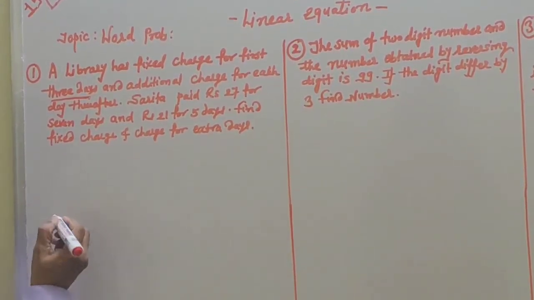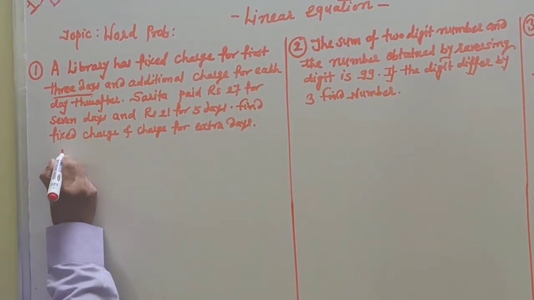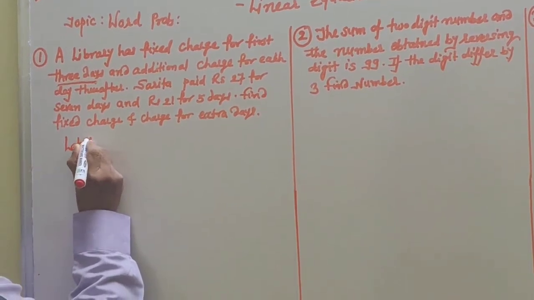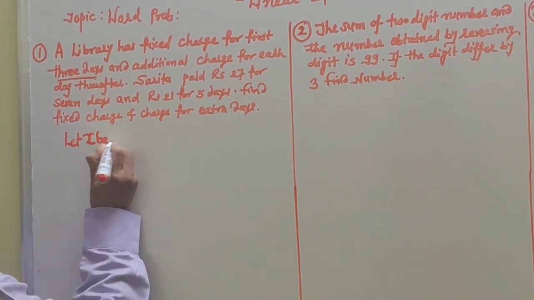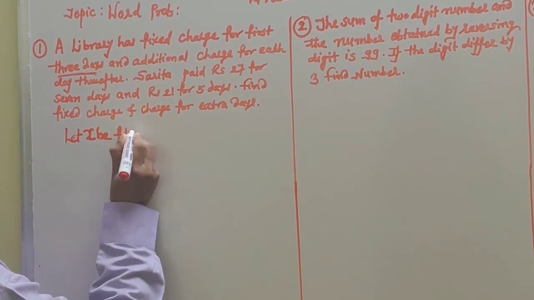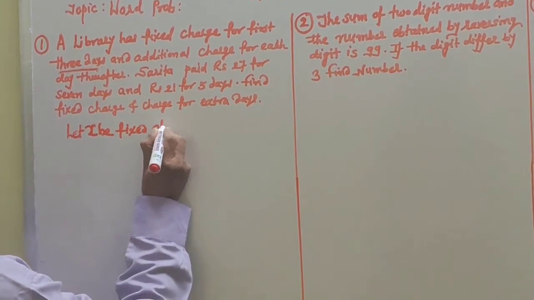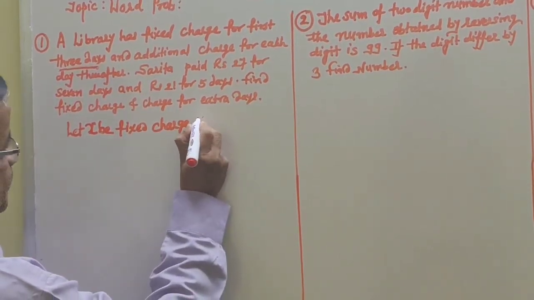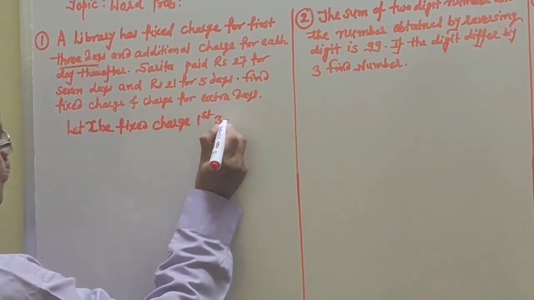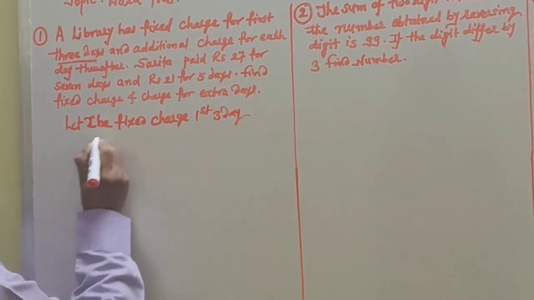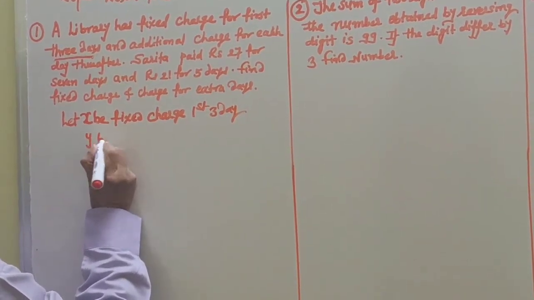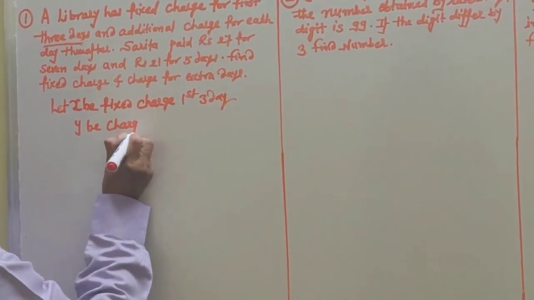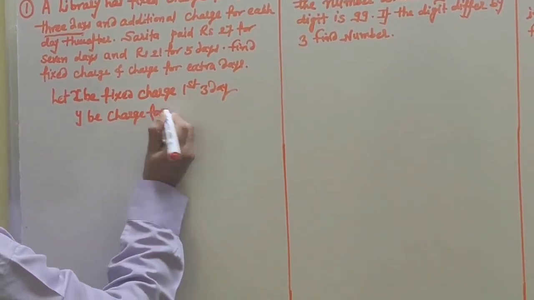Okay. In this problem you have to write down first: let X be the fixed charge for the first 3 days, and Y be the charge for remaining days.